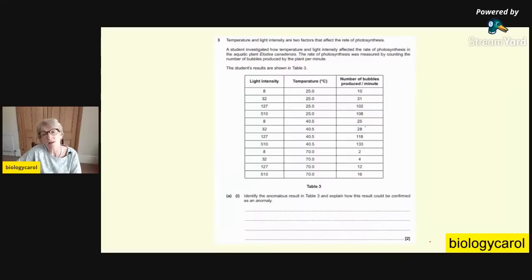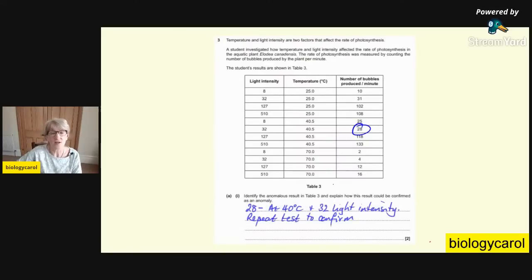This one is hardly going up at all. It's not really plateauing there, and this isn't really plateauing either. I think it's 28. So there's the ring round it. I said that it is the figure 28 at 40 degrees C at 32 light intensity.